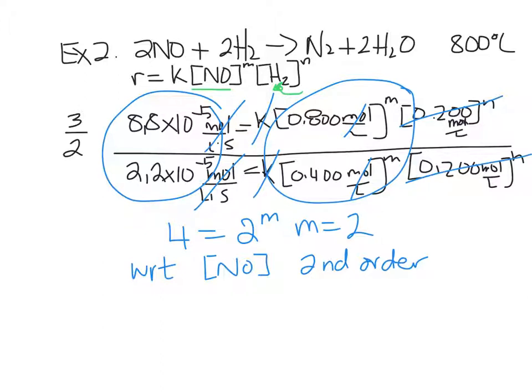Okay, so now we've got to figure out what the order of reaction is with respect to H2. So we're going to repeat this, but for the two trials where nitrogen monoxide is constant. So if we look at our table of given data, nitrogen monoxide concentration was kept constant in runs 2 and 1.